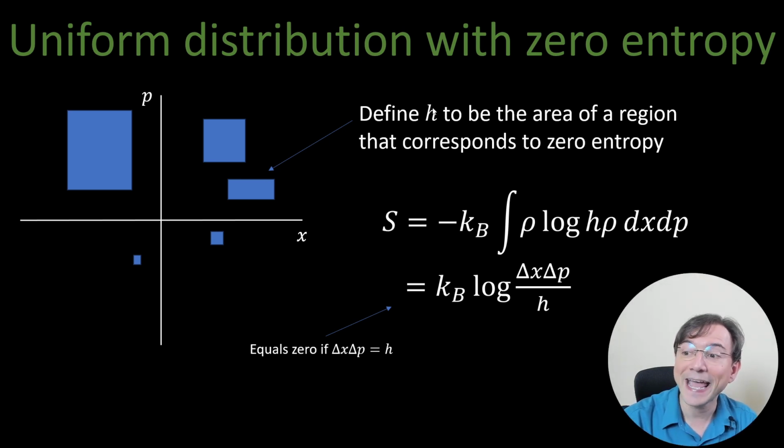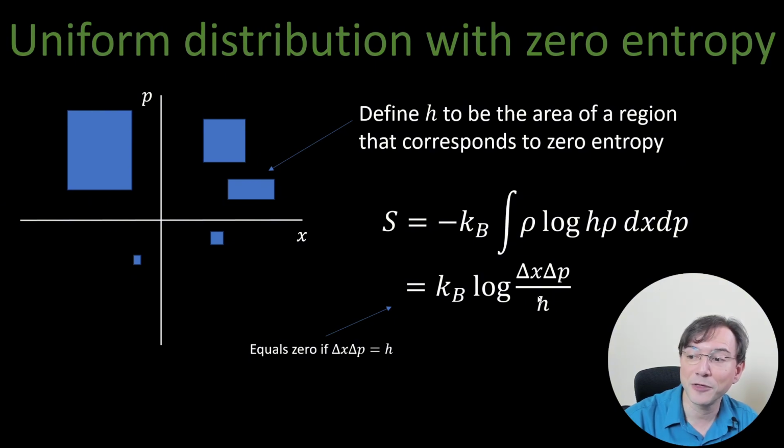So we're going to define h as a constant to be the area of a region that corresponds to the zero entropy. Then we can modify this expression to multiply rho by h. So now we have units of position times momentum divided by units of position times momentum for the probability density. And if we do the calculation, we're going to have a logarithm of delta x delta p over h.